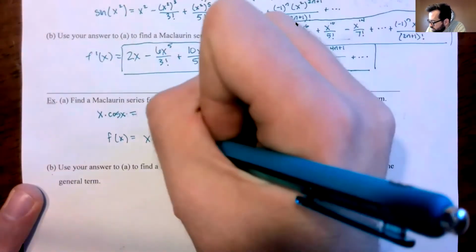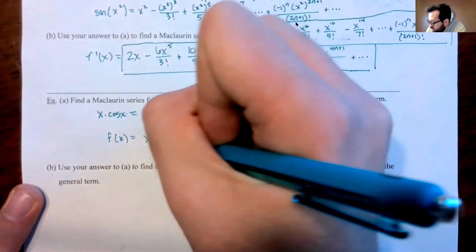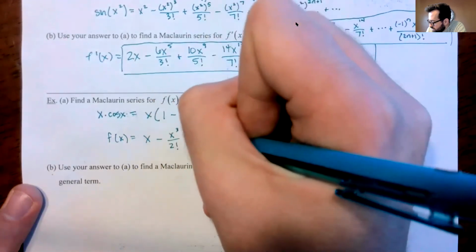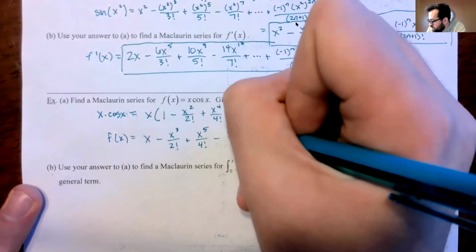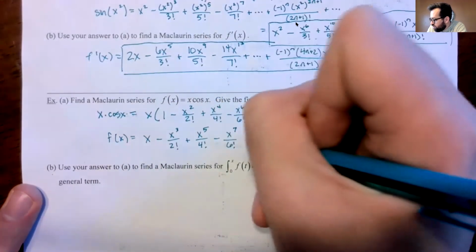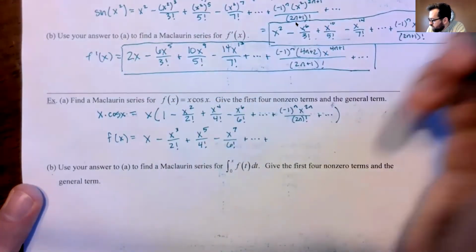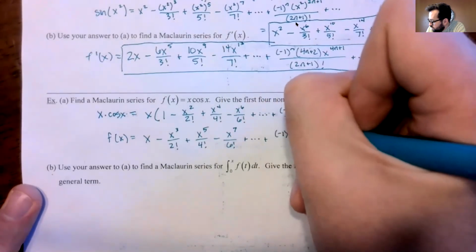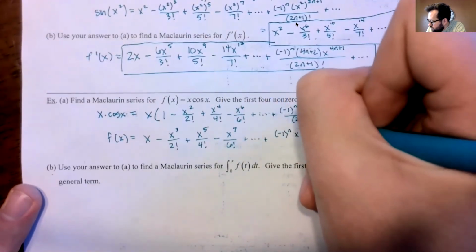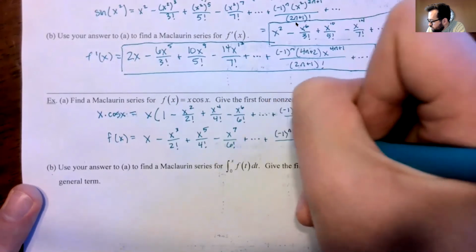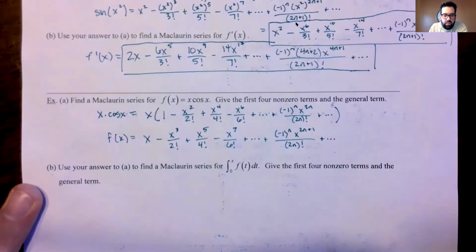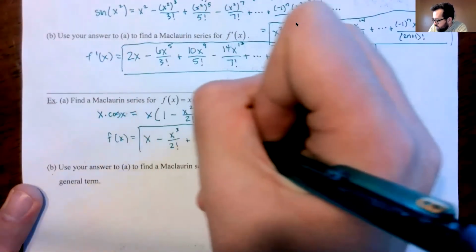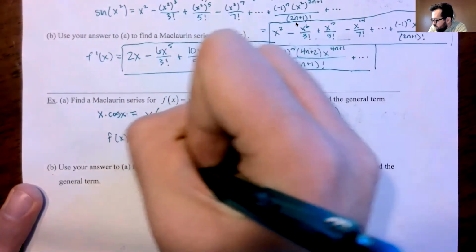So we have x cubed over 2 factorial plus x to the 5th over 4 factorial minus x to the 7th over 6 factorial. And the general term is going to be x to the 2n plus 1. There we go. Hopefully that makes sense. That's all we needed for that one.